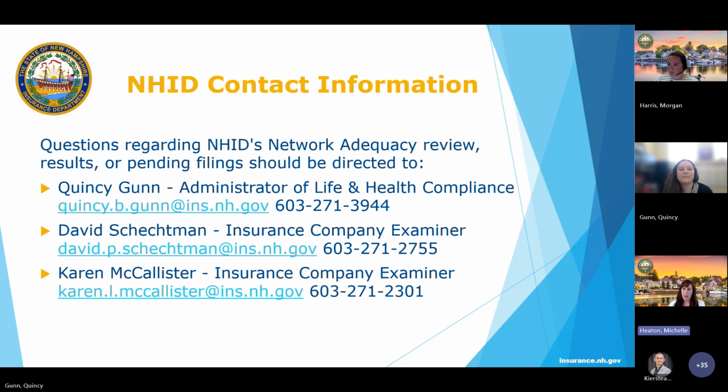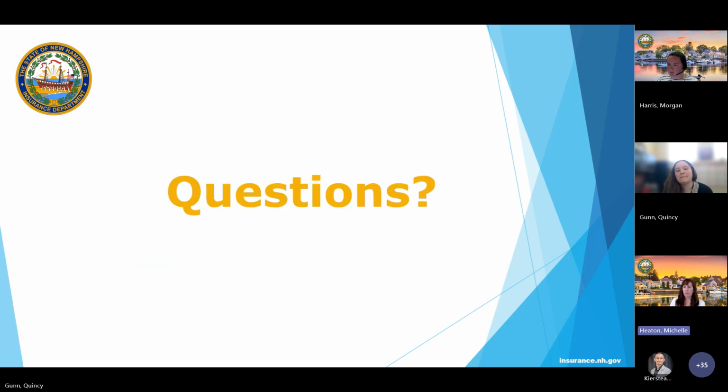One thing I did want to highlight is that under our laws, the requirement is that there are sufficient healthcare personnel in sufficient numbers and types to ensure that all covered healthcare services are accessible to covered persons without unreasonable delay. This network adequacy template in our tool is one of the ways that we test this.